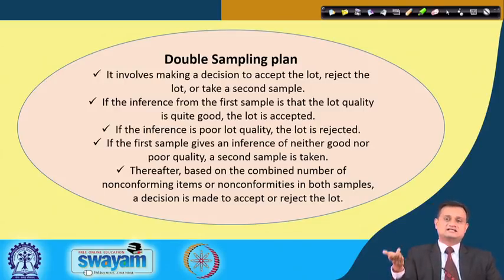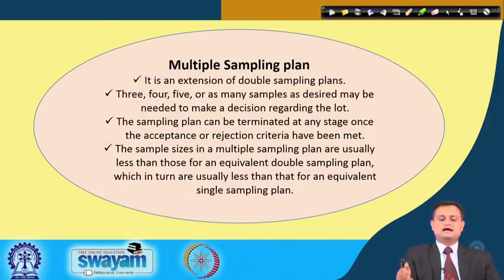I will take another sample and then I will take the cumulative number of defectives, both sample 1 and sample 2, to compare it with, say, the acceptance number for the second sample, and then I will take the decision. Multiple sampling plan, you can extend your double sampling plan, keep taking.